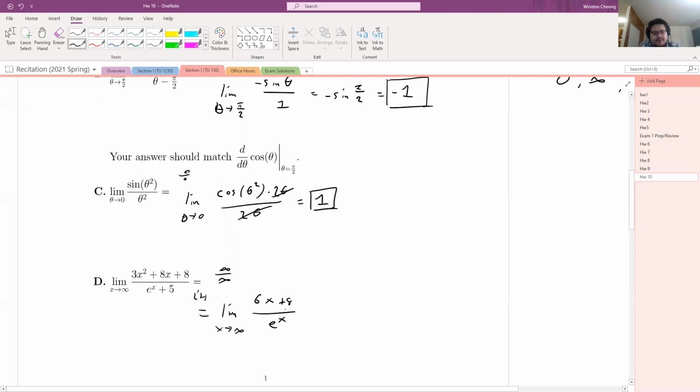But then if you try plugging in here, you're going to get infinity over infinity still, which means you can apply L'Hopital's another time. And this is going to give me 6 over e to the x. And then here, when we plug in, we're going to get 6 over infinity. But 6 is a constant, and infinity is really large, so the whole thing is going to approach 0 when we actually do this evaluation.